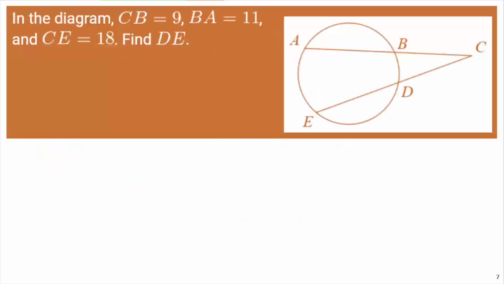In the diagram, CB equals 9, BA equals 11, CE equals 18. Can you find the length of DE?